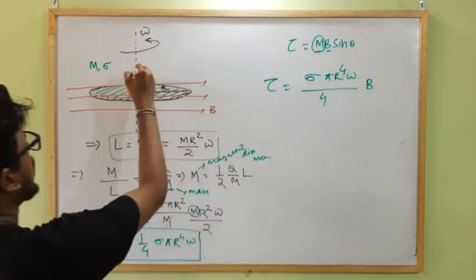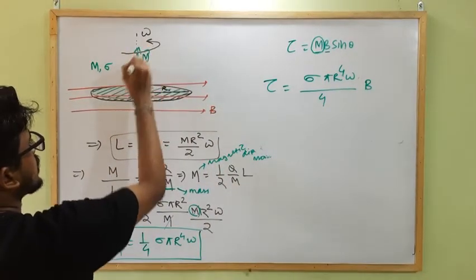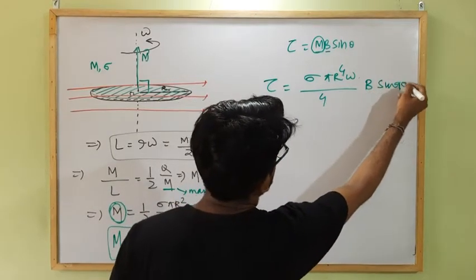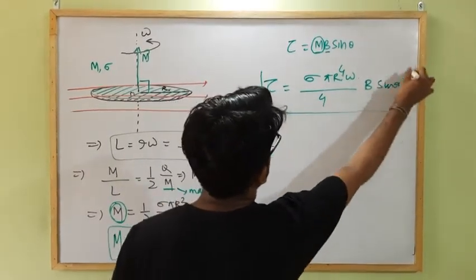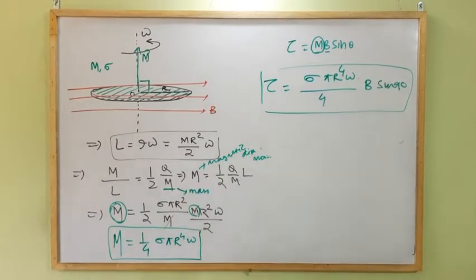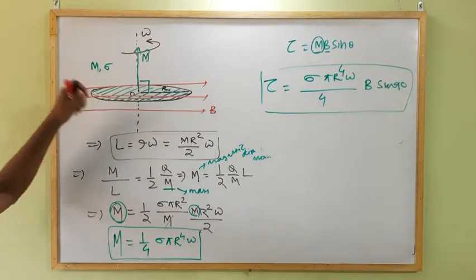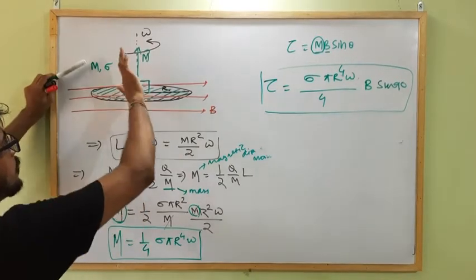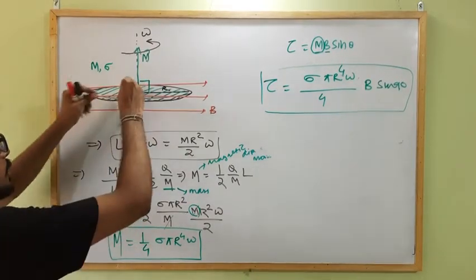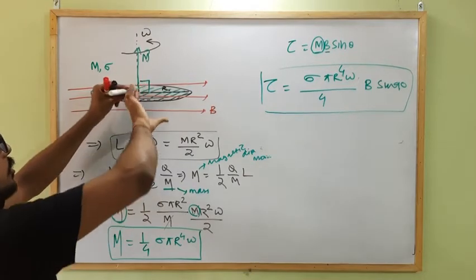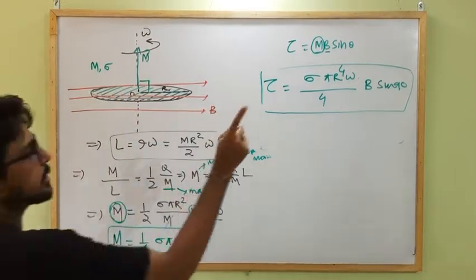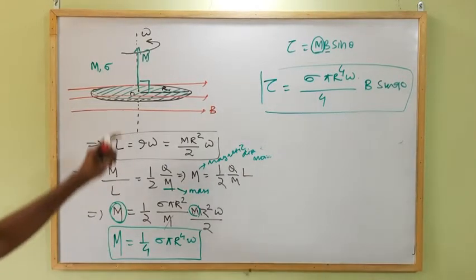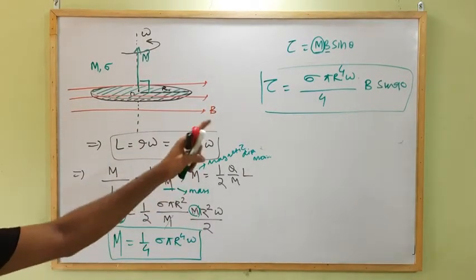M is along this direction, this is B, the angle is 90, so sin 90. Clear? This is the torque experienced by the disk. The disk will rotate about this axis. This is the axis of rotation, M cross B like this, so the direction of the torque is into the plane and it will rotate about this. Clear? So this is the torque acting on the disk. Clear?